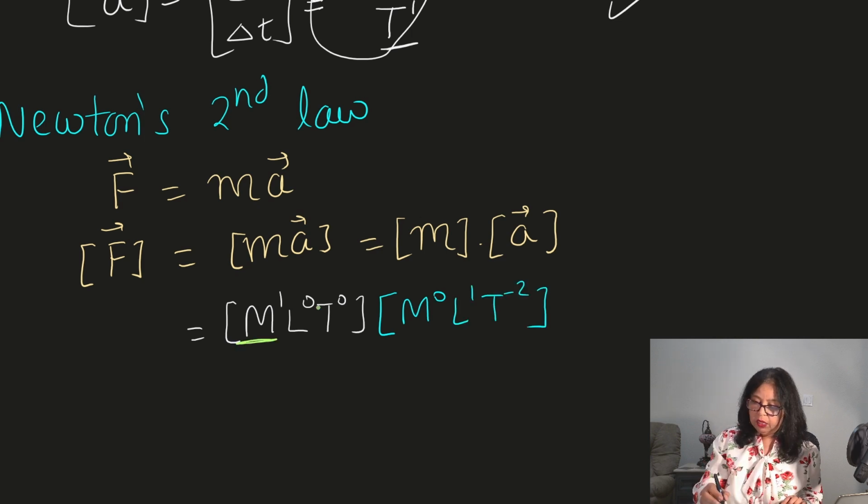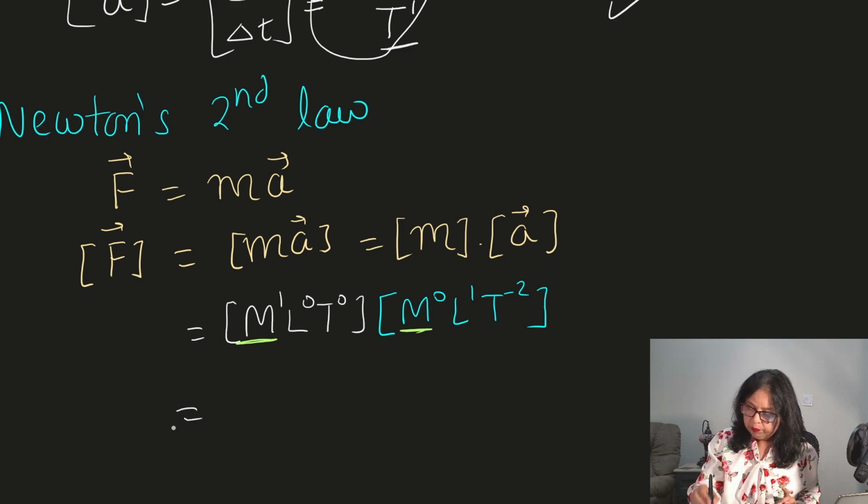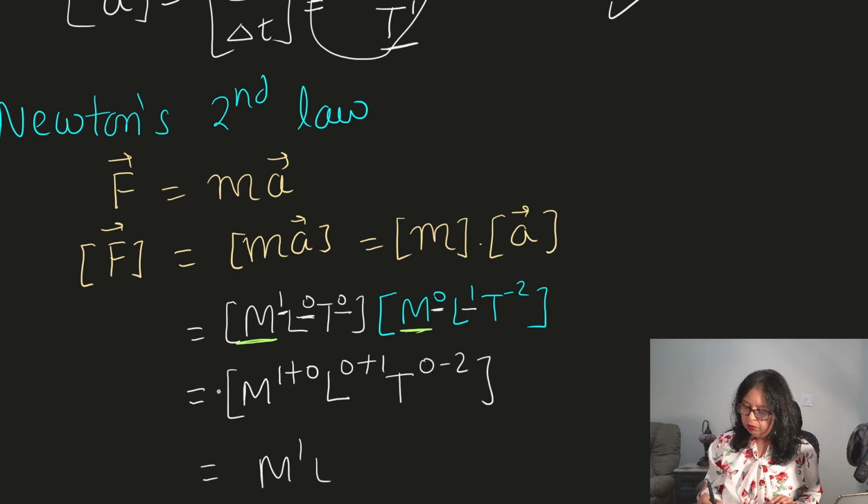Now, just like before, these two factors with the base of M multiply, giving you M to the power 0 plus 1, L to the power 0 plus 1, T to the power 0 minus 2. What do we get? M1 L1 T minus 2. This is the dimensional formula for force.